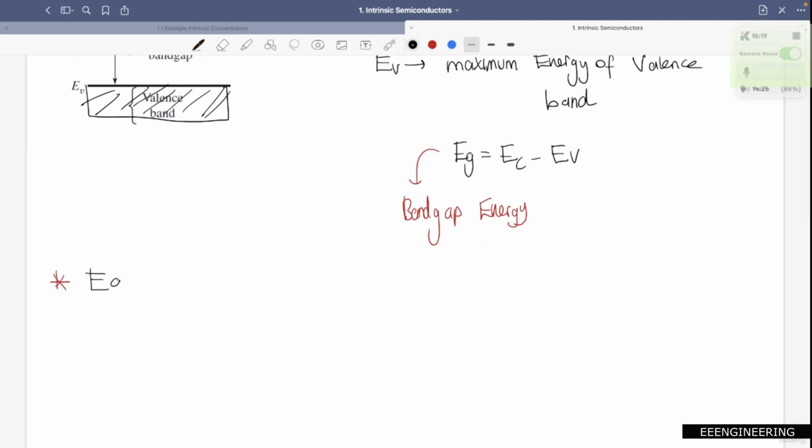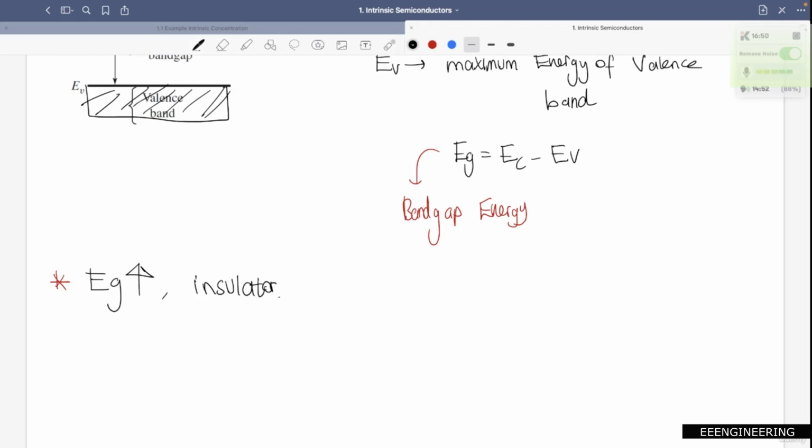If the energy gap is high, then the material is likely to be an insulator, because at room temperature essentially no free electrons exist in the conduction band. That's the reason why it is an insulator. You have to have some electrons in the conduction band in order to be a conductor. In contrast, materials that have more electrons in the conduction band at room temperature are conductors. That's the logic we have.